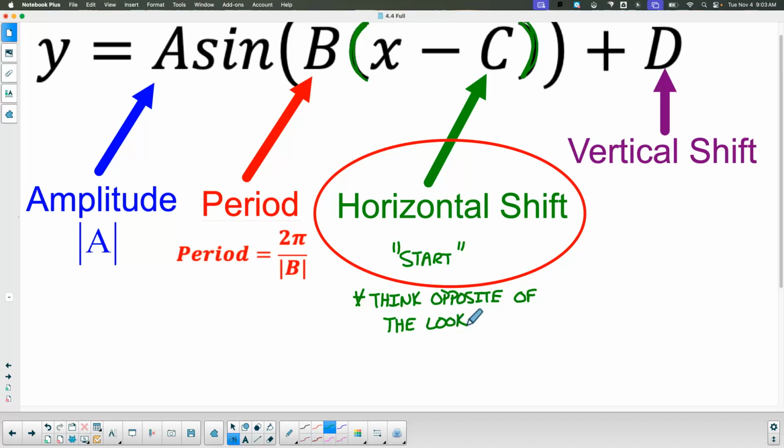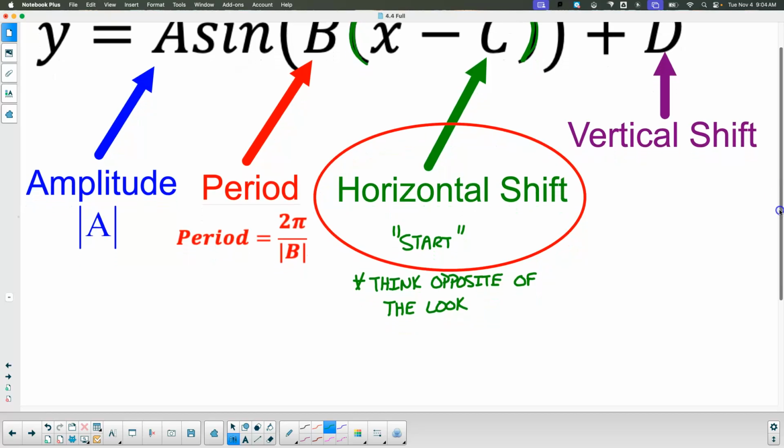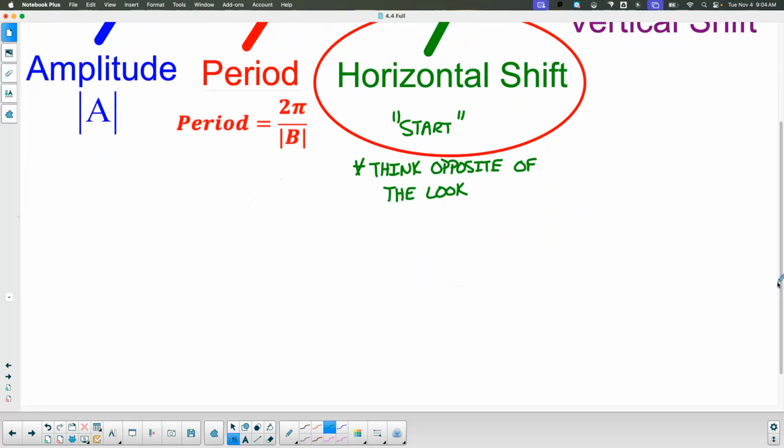What I mean by that is if that set of parentheses looks like, I'm just going to make something up, x minus 7 pi over 9, then your start will be at positive 7 pi over 9. It's opposite of the look. It looks like it's minus 7 pi over 9, but your start becomes positive 7 pi over 9.